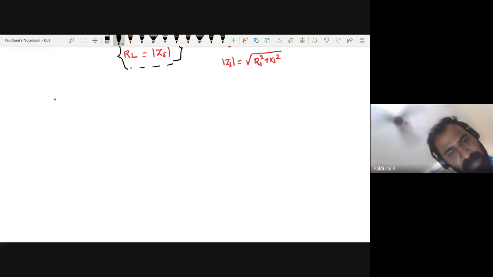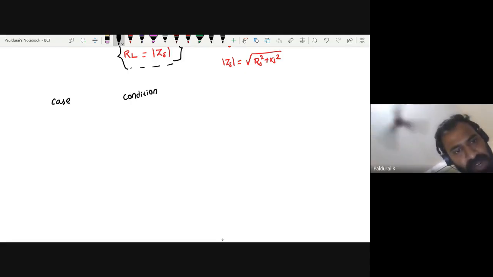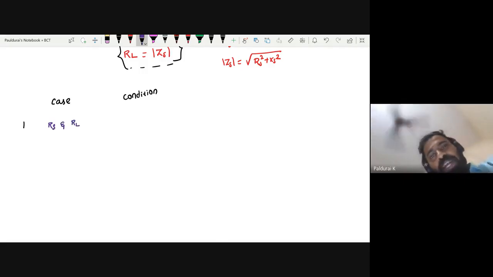Okay, here I am writing the case, here I am writing the condition. Case means case 1. Okay, it's very important. What is case 1? Source resistance and load resistance. Now you guys please speak.